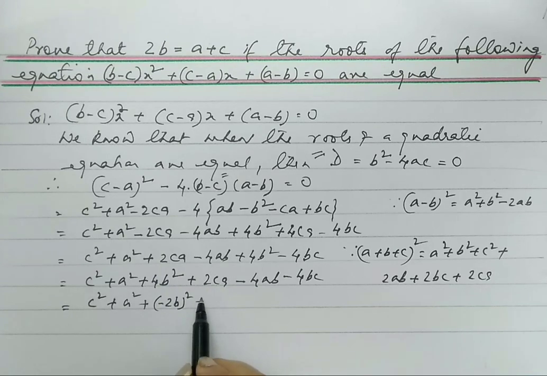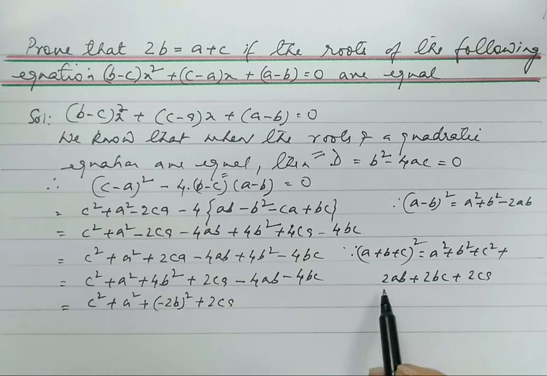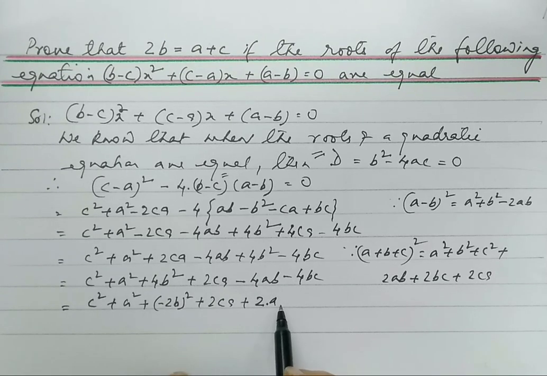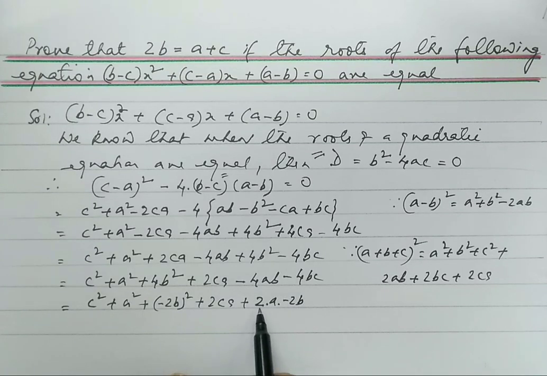Which means here we have 2ca, this portion, then here let's maintain positive here, 2 dot a dot, and again, a dot means multiplication, minus 2b, isn't it? 2 into a into minus 2b will give me minus 4ab.